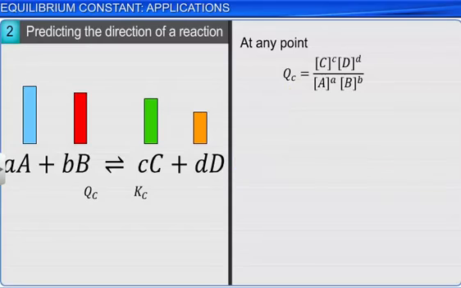For a general reaction of the type a moles of reactant A and b moles of reactant B reacting to give c moles of product C and d moles of product D, the reaction quotient Qc is expressed as the product of the concentration of C raised to the power of c and the concentration of D raised to the power of d, divided by the product of the concentration of A raised to the power of a and the concentration of B raised to the power of b.